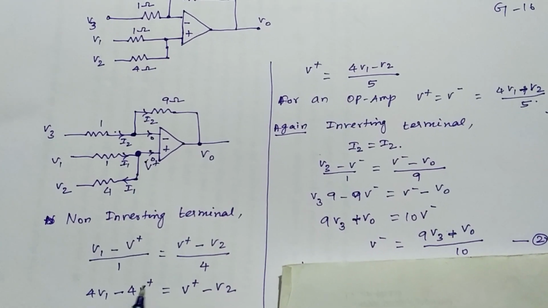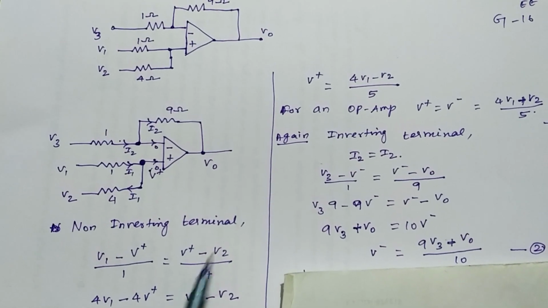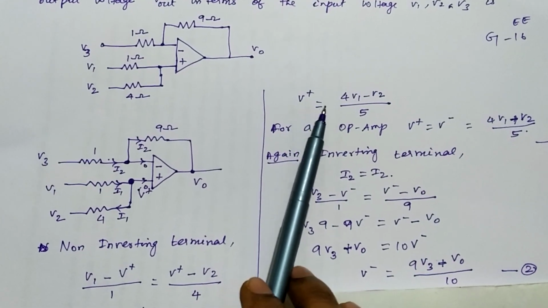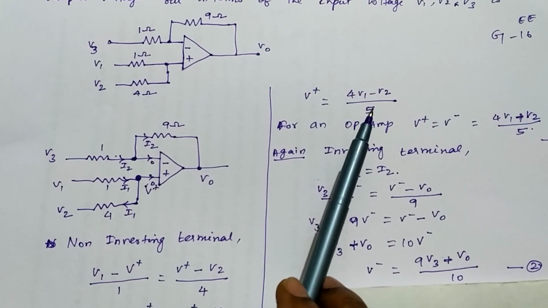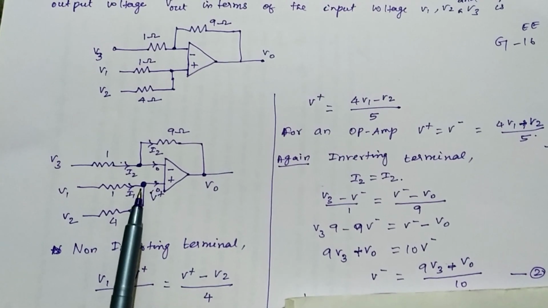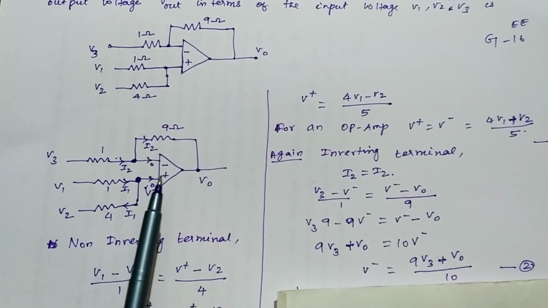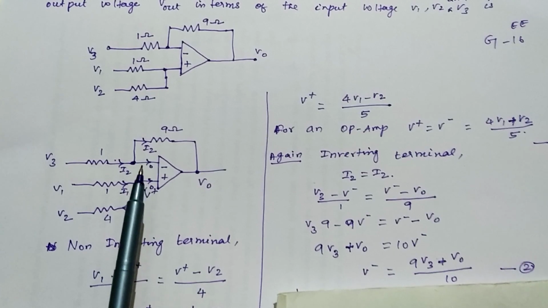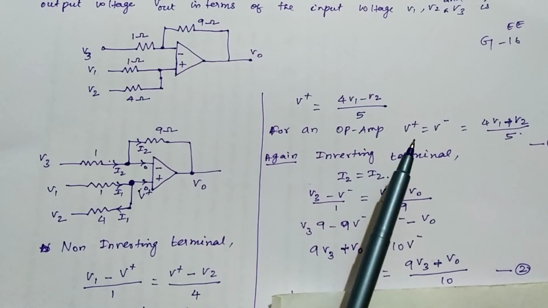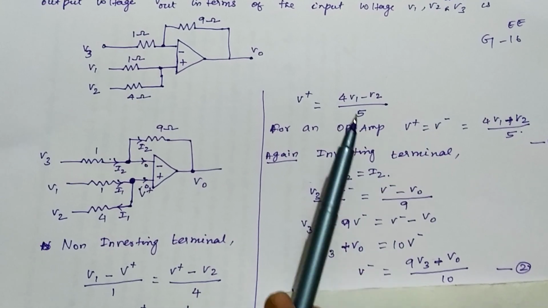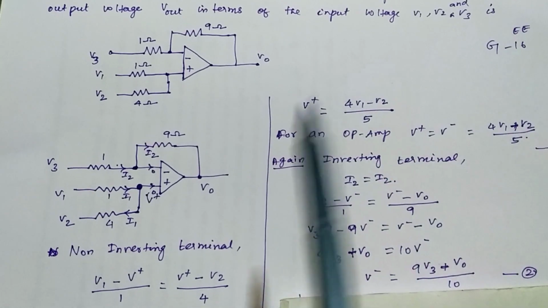Keeping V plus alone on one side, V plus is (4V1 plus V2) divided by 5, the voltage at the non-inverting terminal. As an ideal op-amp, the inverting and non-inverting voltages are equal, so V minus is also (4V1 plus V2) divided by 5.